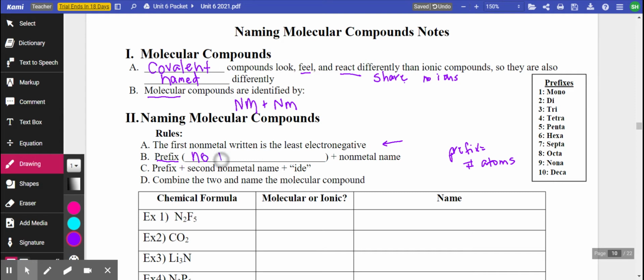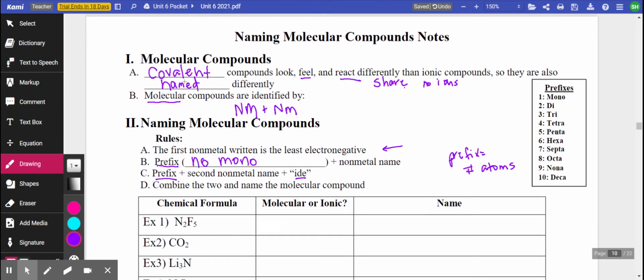So you're not going to use mono if there's only one. Okay. So if there's only one atom of the first element, you will just write the name and that's it. Then for the second nonmetal, you're going to put the prefix on the front for the number of atoms of that second nonmetal, and you're going to change the ending to "ide" like we've done before. And combine the two, and that is the name of the covalent compound.